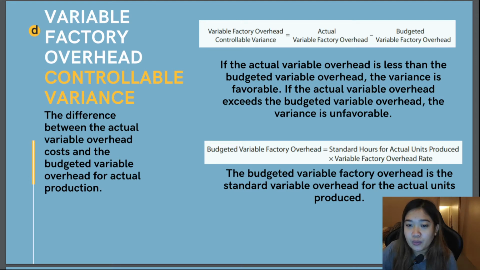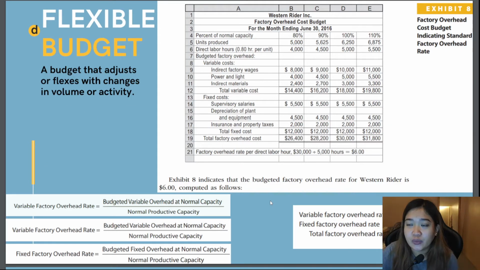And when we go back to Western Rider Incorporated, for June, 5,000 units of XL were produced.